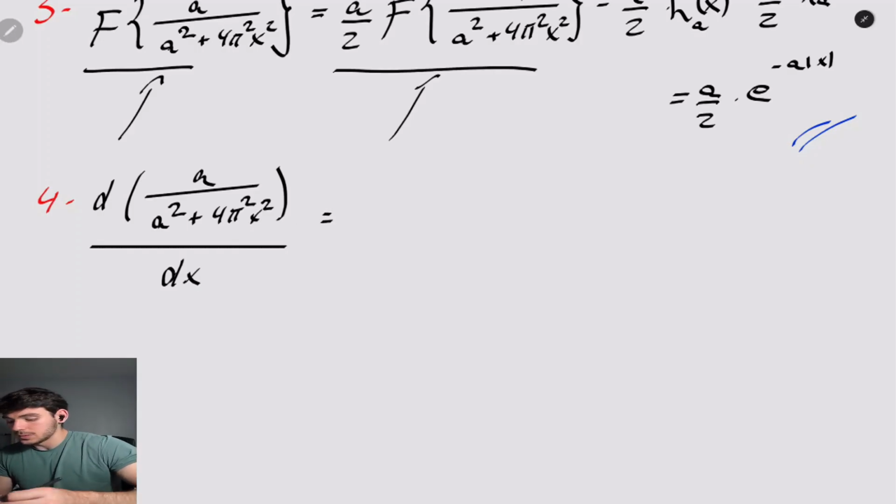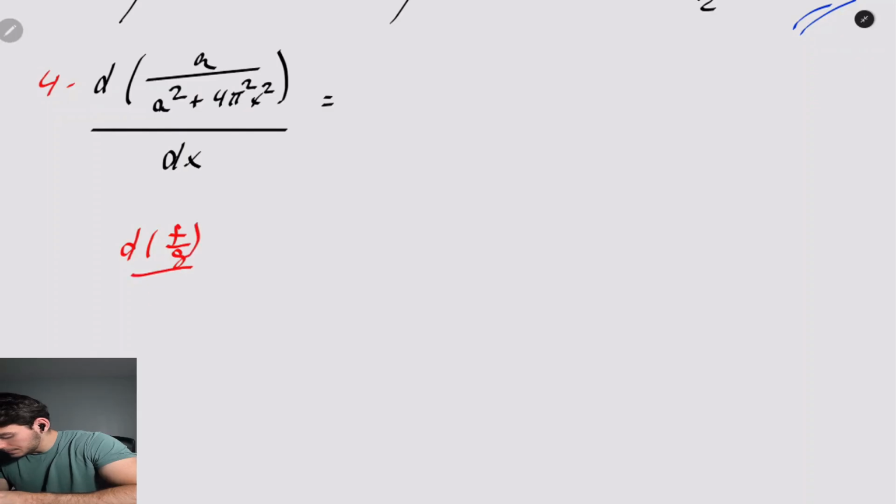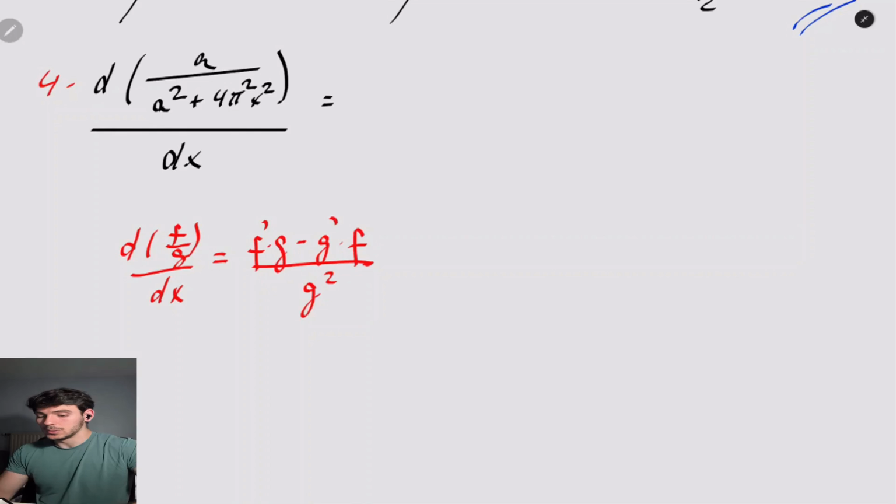So if we have a derivation of a division, the derivation of f divided by g, that's equal to f derivated times g minus g derivated times f, divided by g squared. So that's the formula that we're going to use.